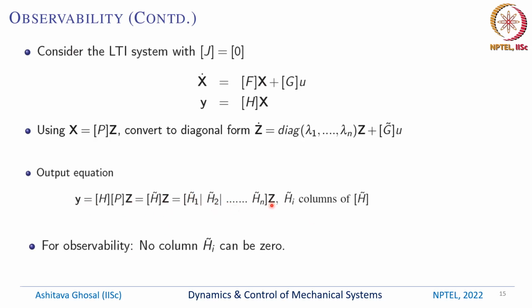Okay, so this is a very intuitive way of looking at when a system is not observable. If any of these columns are 0, say the kth column is 0, then zk into 0 will not show up in y. There will be no connection between y and zk.